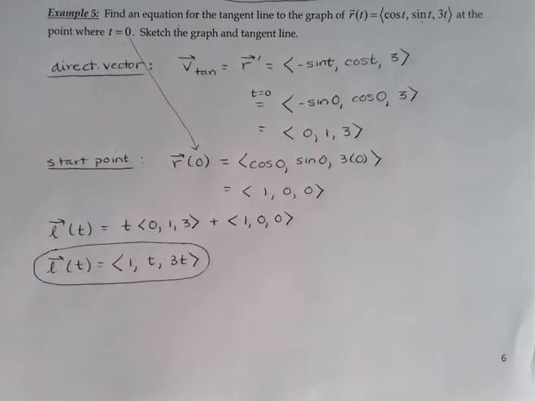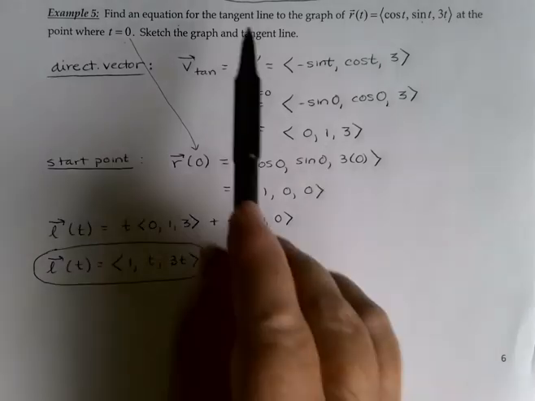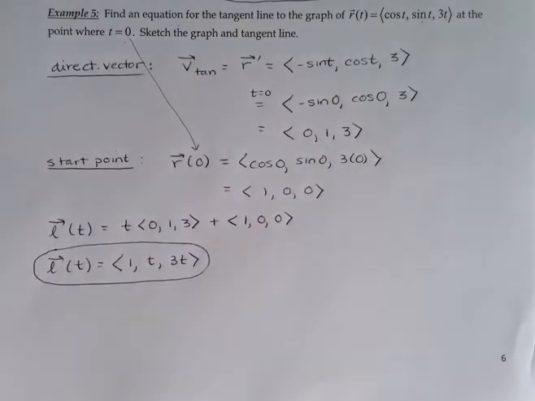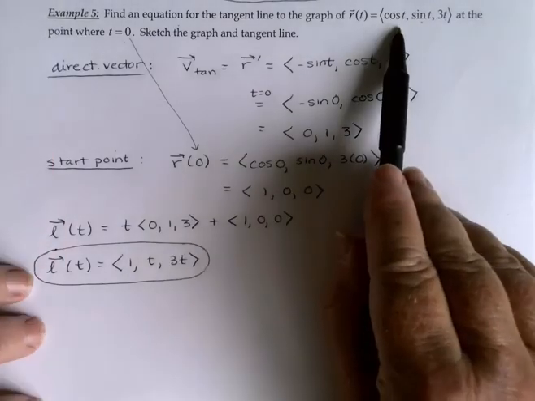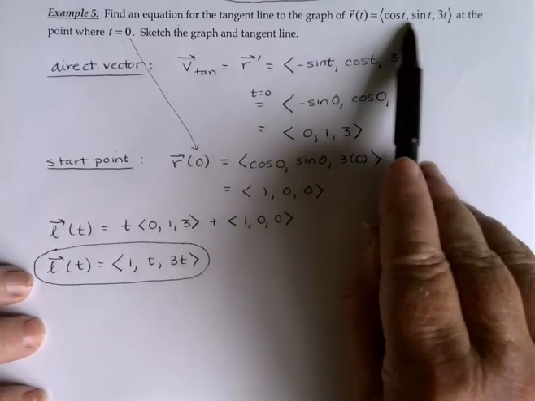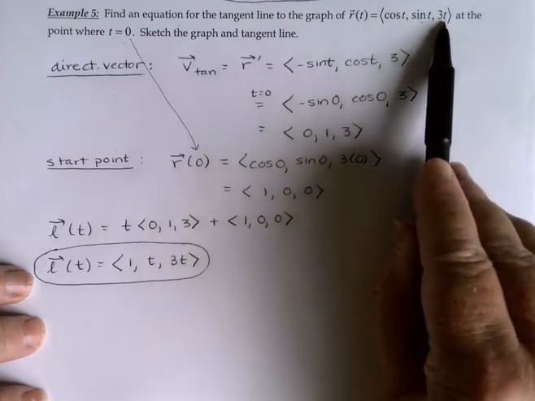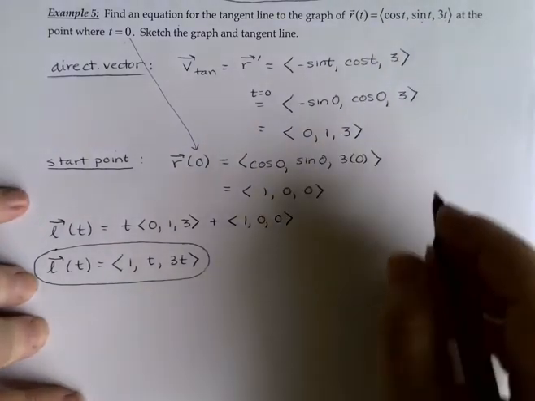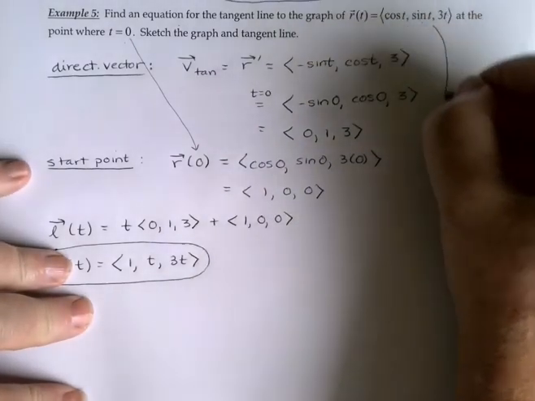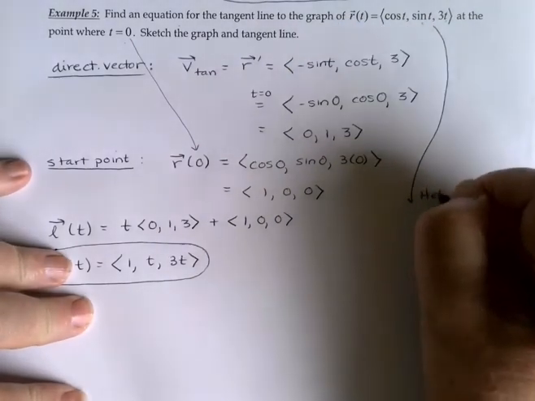All right, the other part of this problem said that we should sketch the graph and the tangent line. I won't be super specific here, but just to give us an idea of what this would look like. Remember that this is a helix, right? This would be a circle of radius 1, and it's stretched in the direction of the positive z-axis. So, this is a helix.